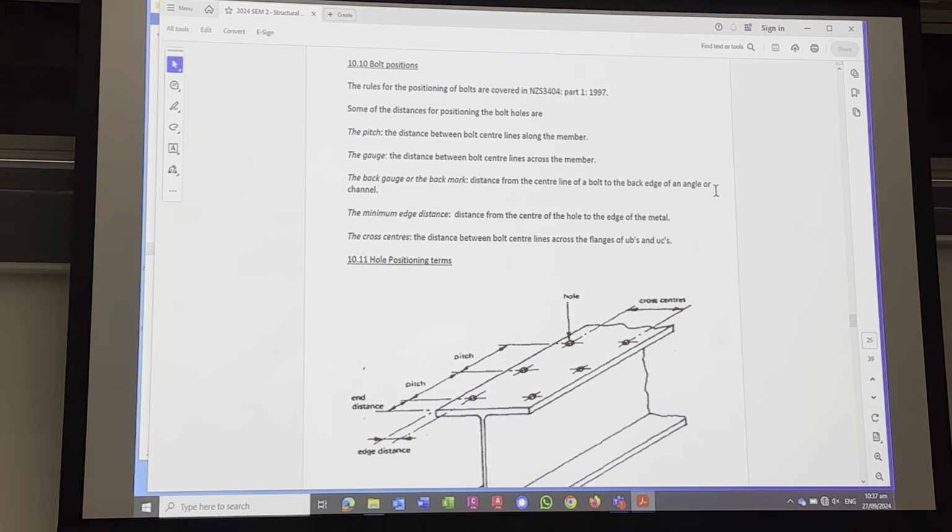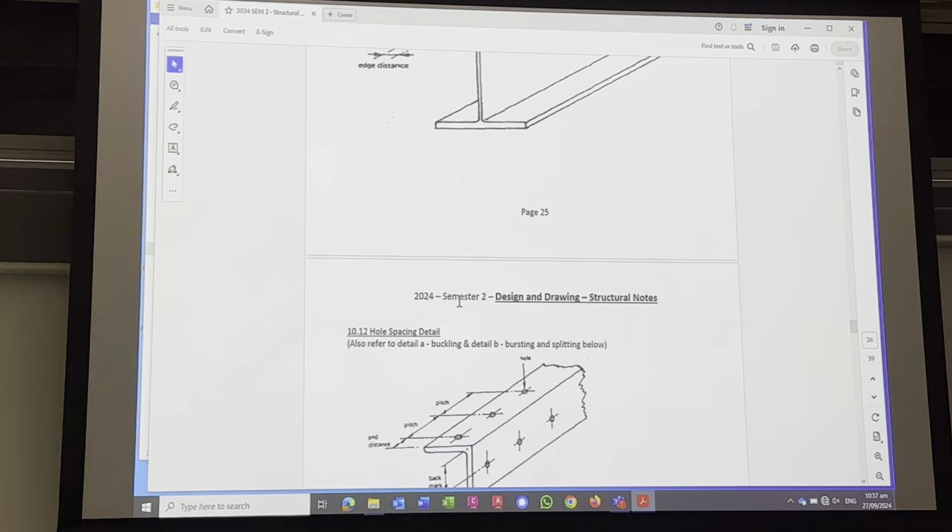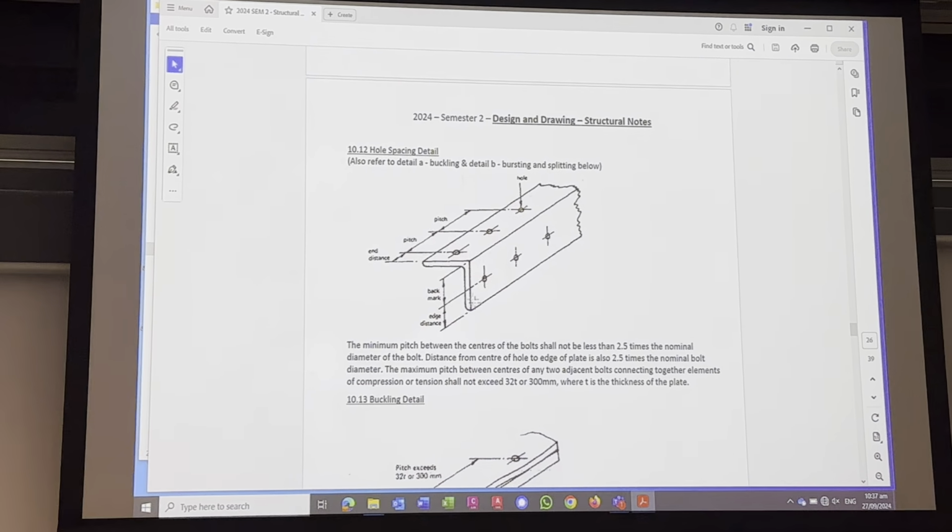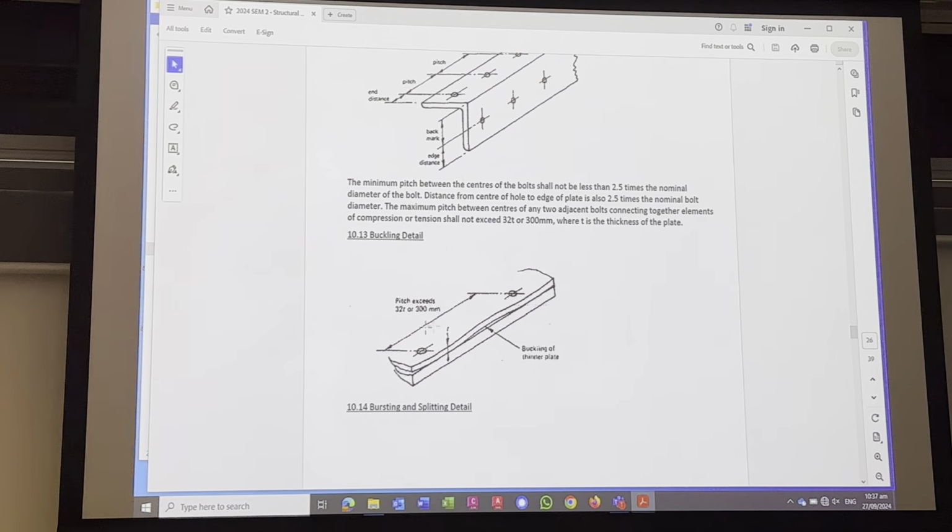Now, with all bolting, we have a minimum and a maximum. And the reasons for that, I'll just flick to the next little sketch. If there's too big a distance between bolts, we get this thing here called buckling. Imagine a plate on the ground being bolted into something, but your bolts are too far apart.